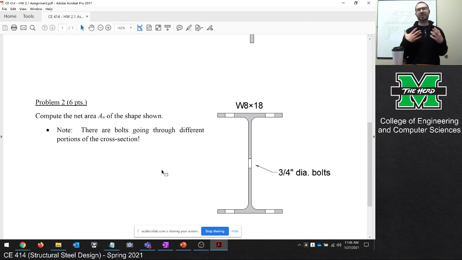If you look up the depth of a W8 by 18 or any W8, it won't be exactly 8, but it'll be close to 8. It might be 8.03 or 7.97 or something like that. So the 8 is about how deep it is, and the 18 is how heavy it is. So it would be 18 pounds per foot. If I had a segment that was 5 foot long and I picked it up, it would weigh 90 pounds.